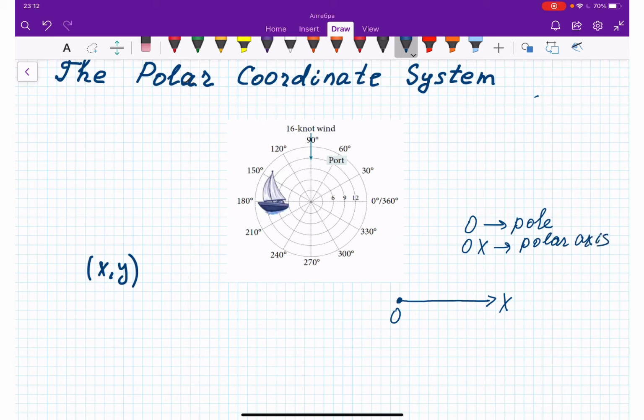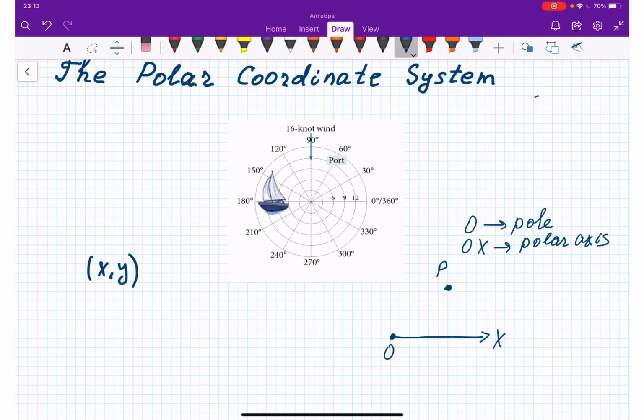Okay, then in this case, any point in this system, let's say if I take point P, how are we going to address it?